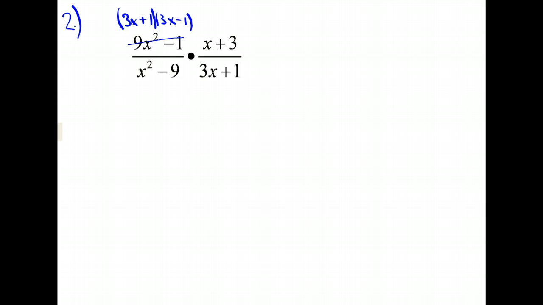Here's the difference of squares again, and this is x plus 3, x minus 3. 3x plus 1 I can't do anything with, nor can I do anything with x plus 3. So if I rewrite it nice and neat, I have up in the numerator a factor of 3x plus 1, 3x minus 1, and x plus 3.